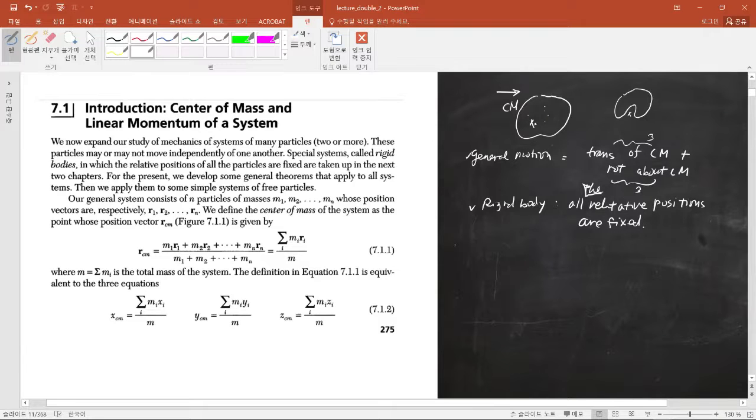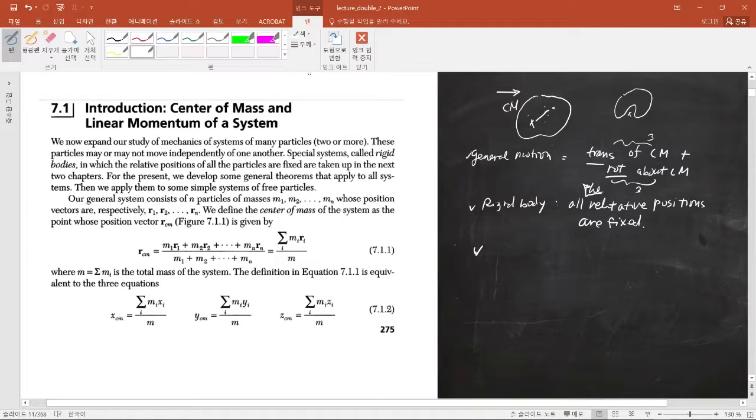So if you know the motion of the center of mass, then you can determine all the translational motion and the rotational motion about it, because the distance between the center of mass and any point is fixed. So knowing the center of mass motion determines the whole motion of the object.